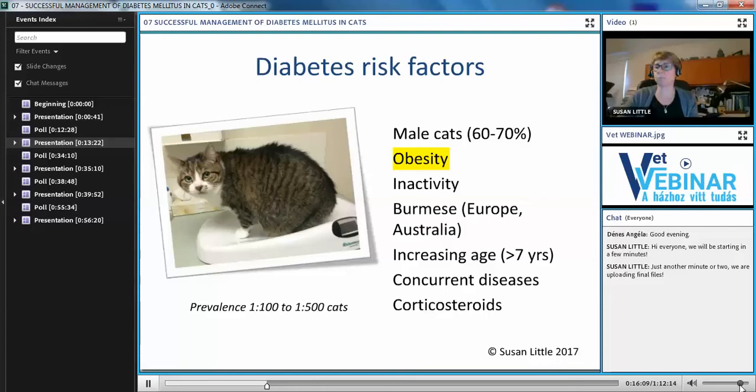Often those cats, if we can reduce or eliminate their corticosteroids, they may be able to revert to a non-insulin dependent state. They're usually obese or overweight cats anyway, and then we put them on corticosteroids. So those are the common risk factors, and nothing really much has changed in those risk factors in recent years.